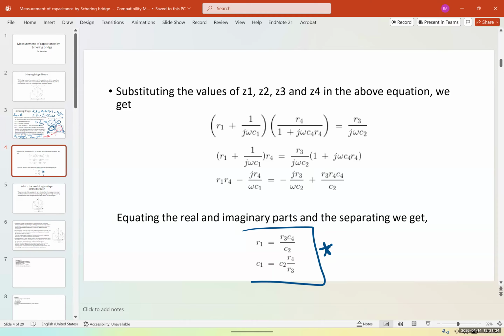So we can find R1 and C1, the unknown resistor and the unknown capacitor. Sometimes R1 is given, most of the time it's not given, it's just unknown. But the rest of the capacitors and resistors are known. So we can find the unknown resistor and capacitor using these two equations.